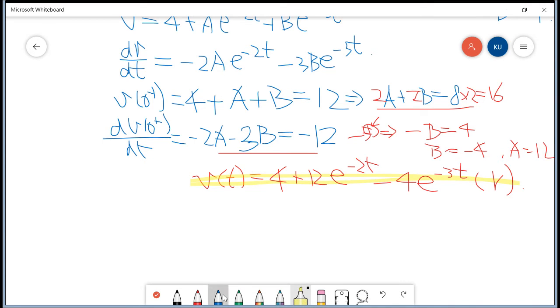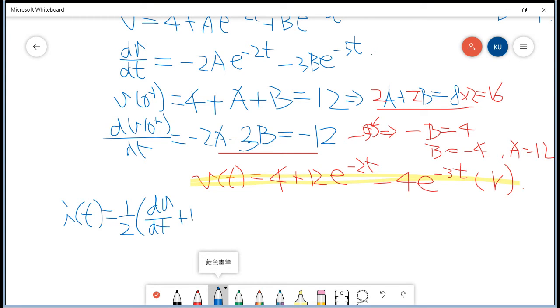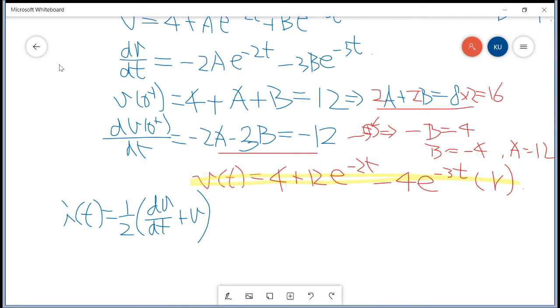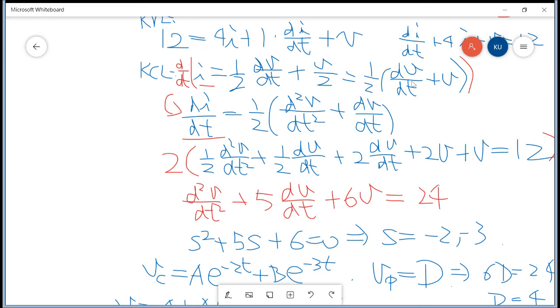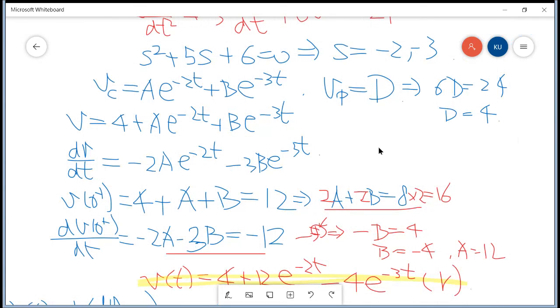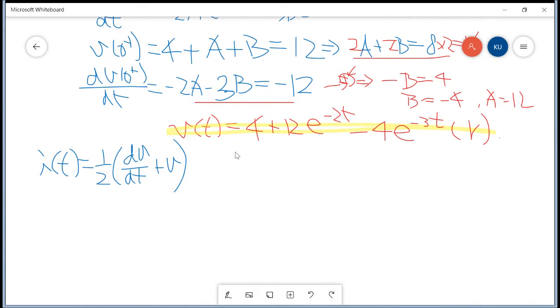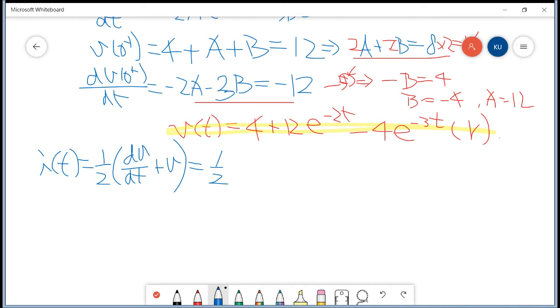Yeah, this one, I is 1/2 dv dt plus v. So actually v is like this, so we can calculate like this.